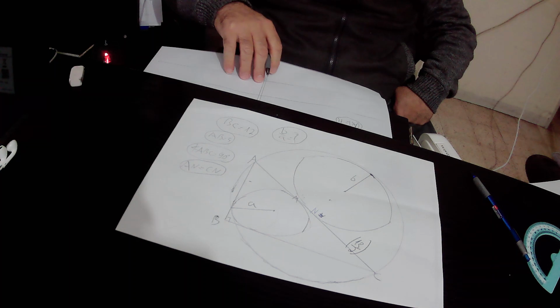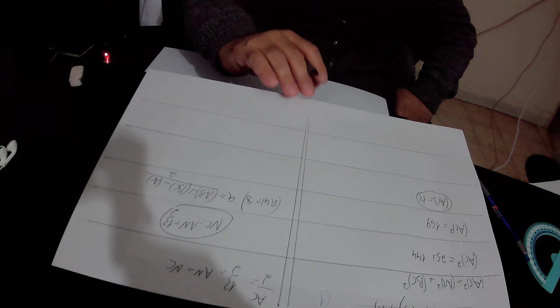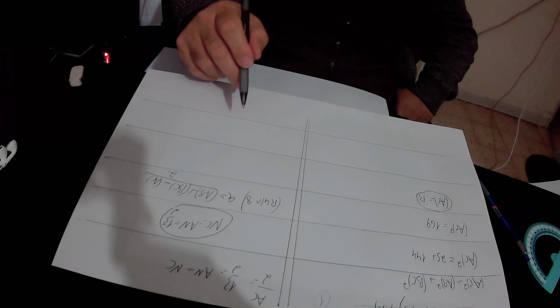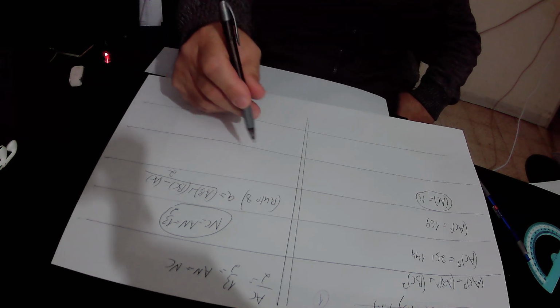Repeat again. According to rule number 8, in our drawing, the value of A will be equal to AB plus BC minus AC over 2.